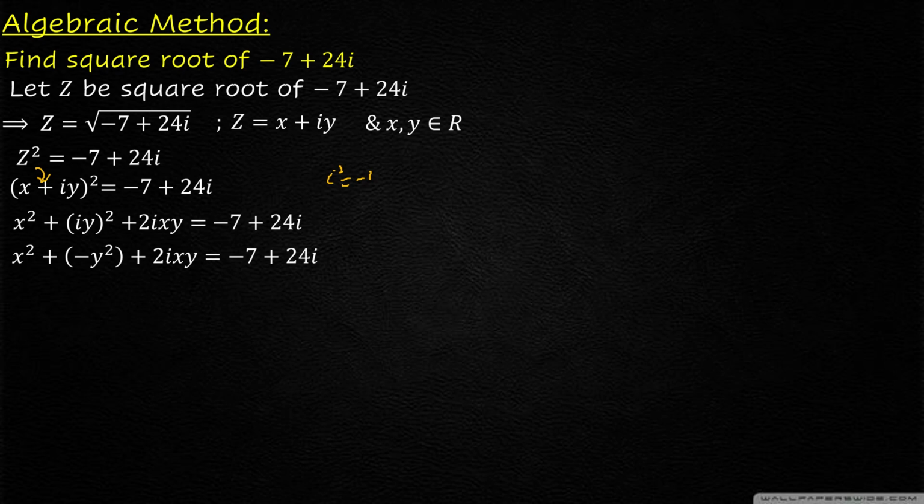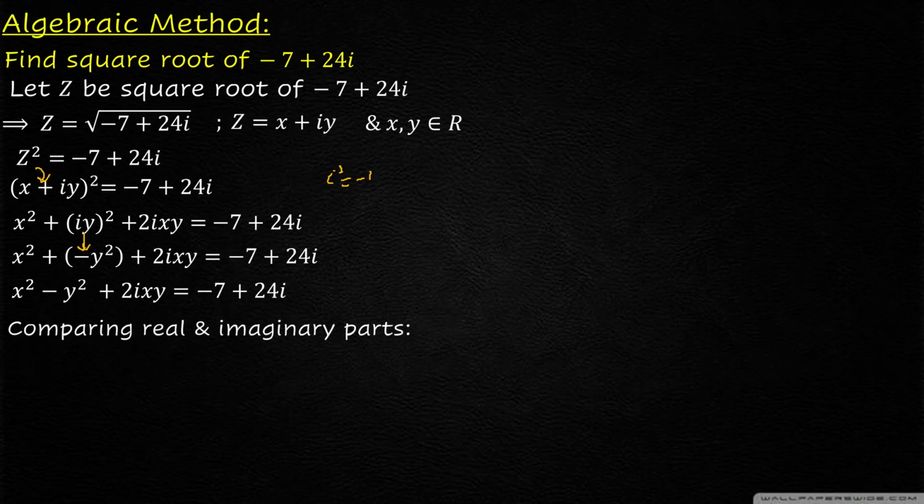Here iota square has been written as minus 1. On simplifying, we get x square minus y square plus 2 iota xy is equal to minus 7 plus 24 iota. Now we compare the real and imaginary parts on both sides.